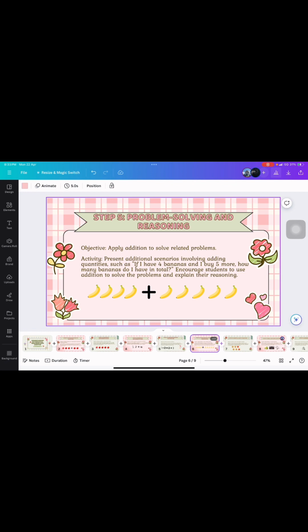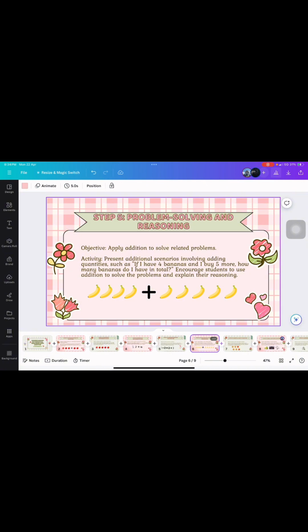This encourages students to explain their reasoning as they solve the problem, to articulate why they are adding these quantities together. After giving them some time to work on the problem, invite students to share their solutions and reasoning with the class. Listen to their explanations and provide feedback as needed.